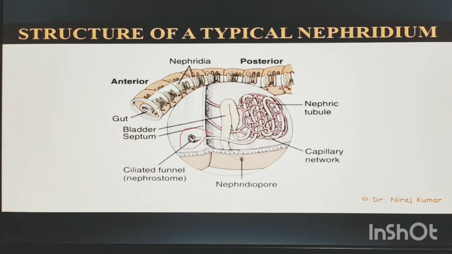The duct is ciliated internally and is supplied with blood vessels. Each nephridium is derived from a single cell called nephroblast. The nephridia are ectodermal in origin. It may open either outside or to the alimentary canal by nephridiopore. This structure is the nephridiopore.